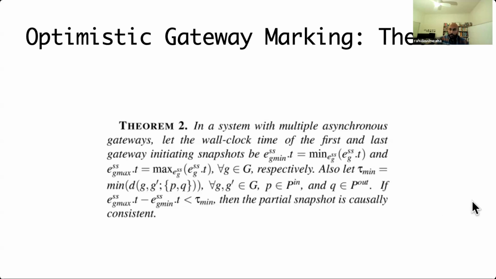What is T min? We'll get back to it later, but essentially it is trying to say that if you have a start time when the snapshot started on the gateway and an end time when the snapshot ended, because all the gateway machines know that the snapshot has started, and it has to be less than T min, then the snapshot will be causally consistent.